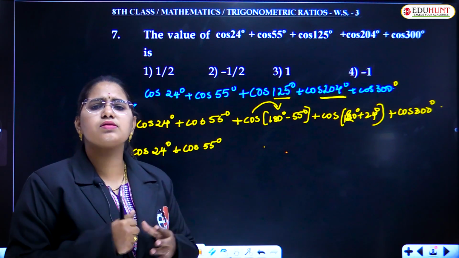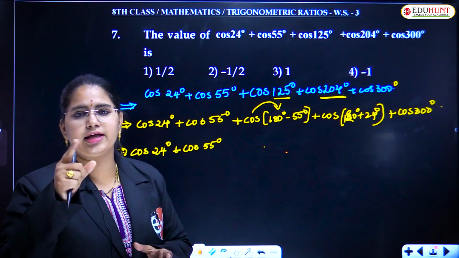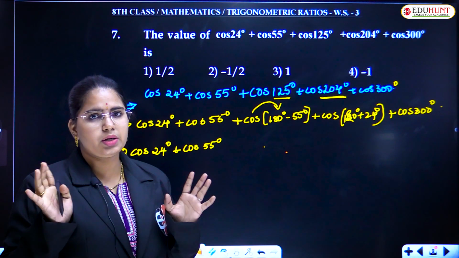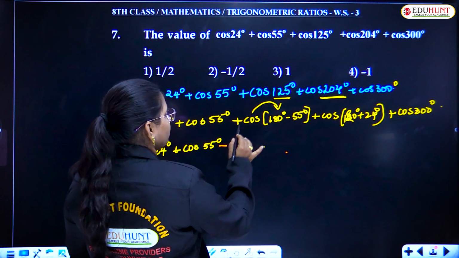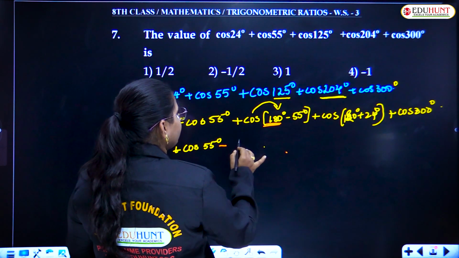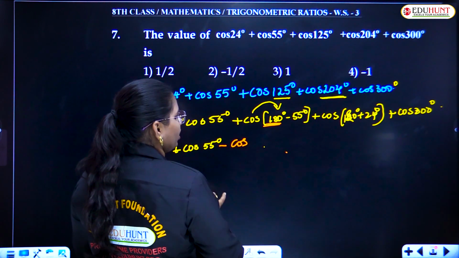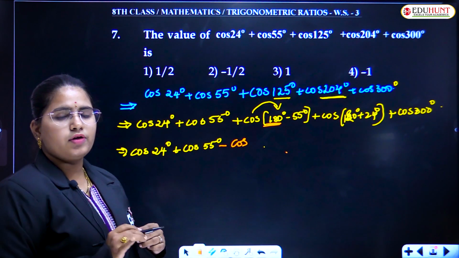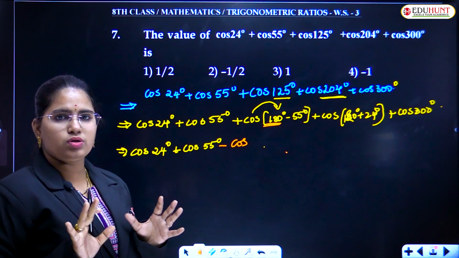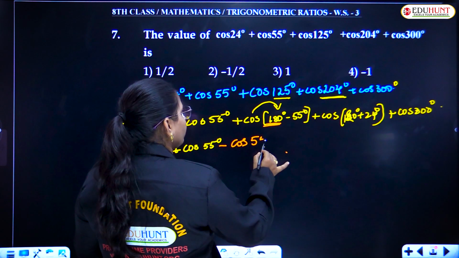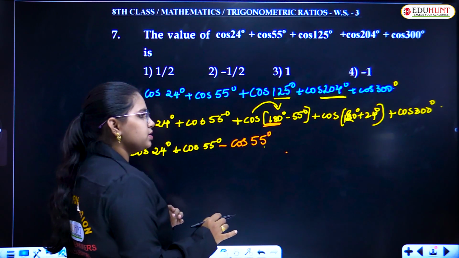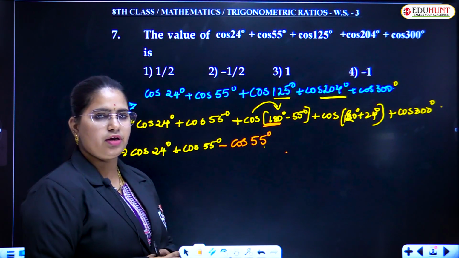Of course it is negative. Sine and cosec will become positive, right? So it is minus cos, and as it is 180, an even multiple of 90, the function does not change. So it will become minus cos 55 degree.